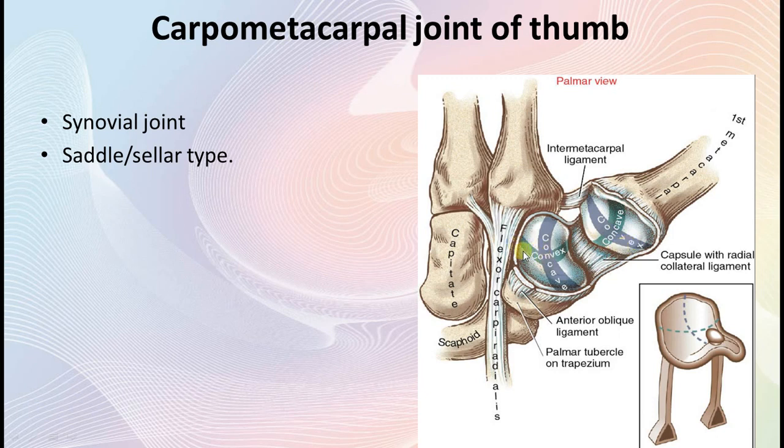From front to back, anteroposteriorly, it is convex, but here it is concave. So it is called the saddle variety, reciprocally concavo-convex. This shape of the articulating surface is one of the reasons that promotes a wide range of movement in the carpometacarpal joint of the thumb.